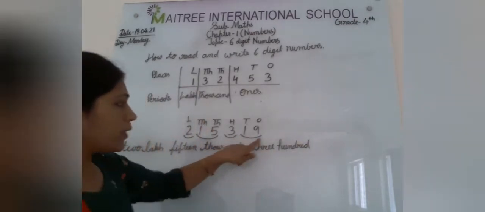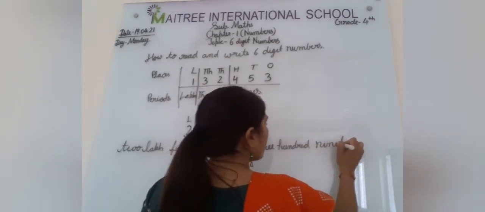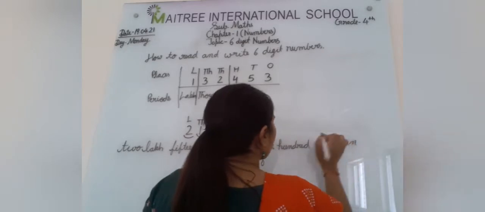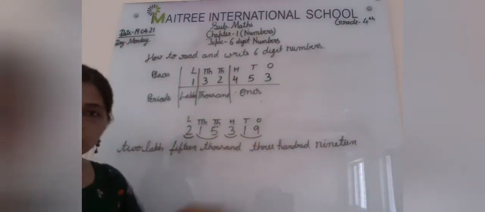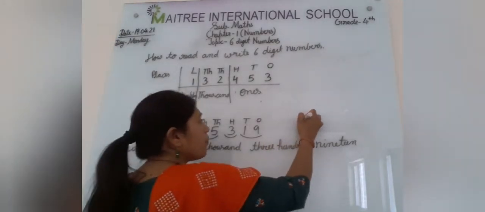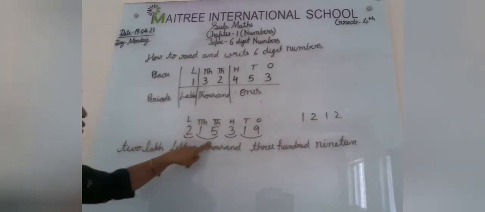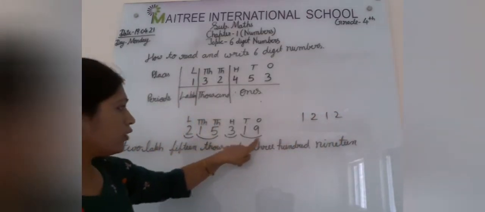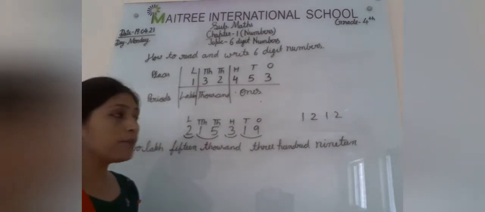And these two numbers together: 19. Clear? 1 2 1 2. So what is the trick to read this number? Just divide the number in 1 2 1 2. One number, then two numbers together, one number, then two numbers together. Clear? This is the way to read this number.